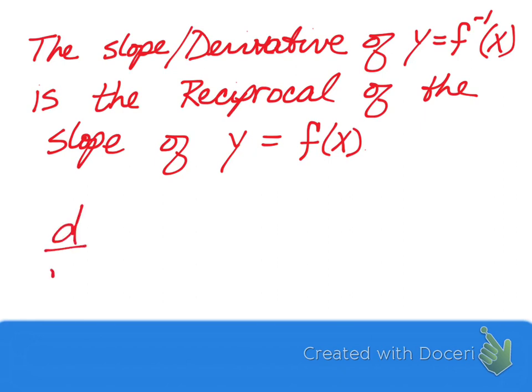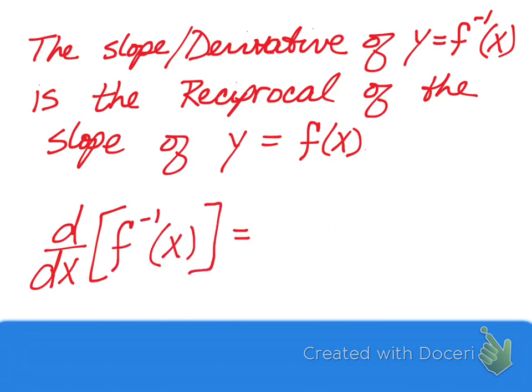The derivative of f inverse of x equals 1 over f prime composed with the inverse.